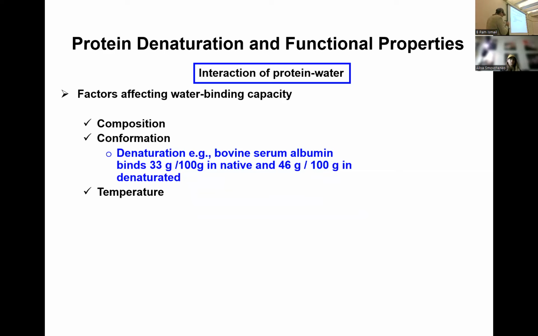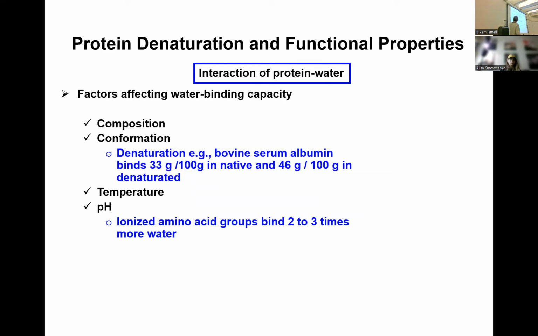Well, if you denature and unfold, you're binding more water, but if you cause polymerization, then you are gonna be binding less water. pH: if you change the pH and you increase the ionization, then definitely you're gonna bind more water. So an ionized amino acid binds 2 to 3 times more water than a non-ionized one.